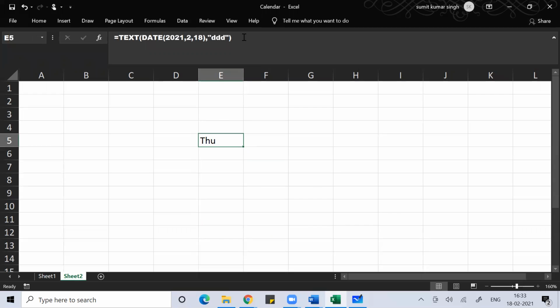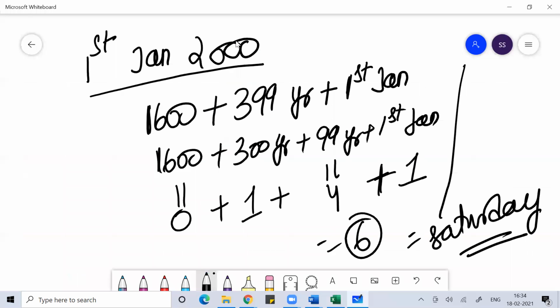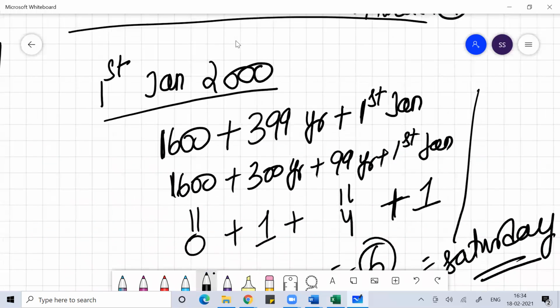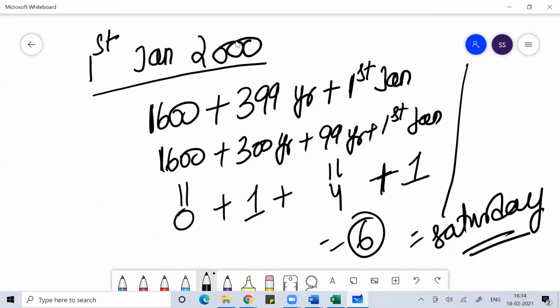You can see this. So in the calendar, you don't have to remember all this. You get this answer very easily. So you use the text function, you can do it very easily. Otherwise, in aptitude, we cannot use Excel. So there you have to do manual calculation, all this. You have to prove this if you want to prove.